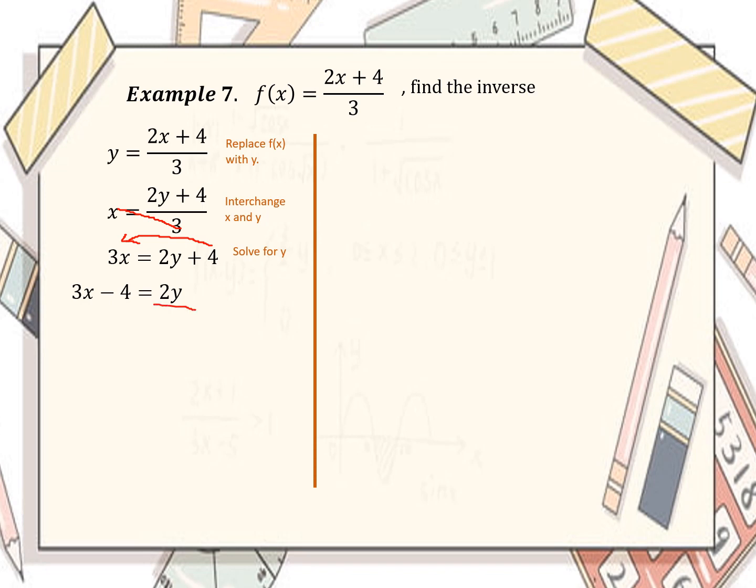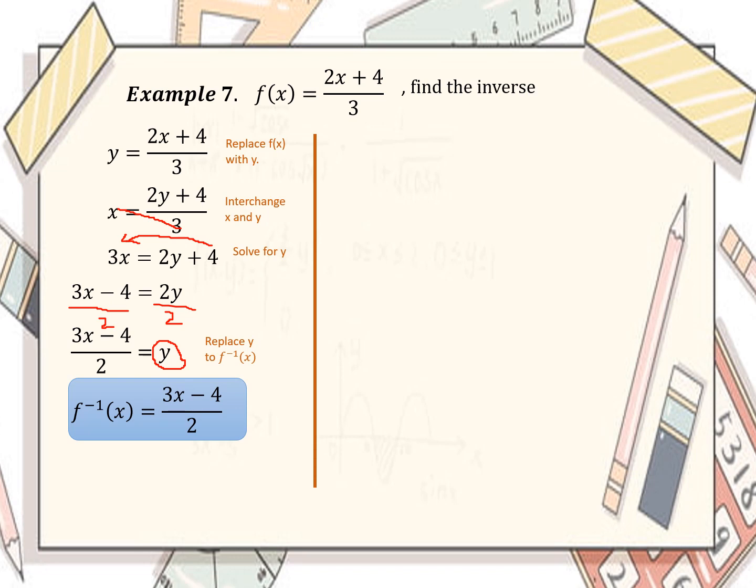So, divide natin both sides by positive 2 kasi 2 yung katabi ng ating y. So, kapag dinivide natin both sides, ang matitira na lang is 3x minus 4 over 2. So, change ulit natin si y na symbol ng inverse. Okay, so magiging 3x minus 4 over 2.